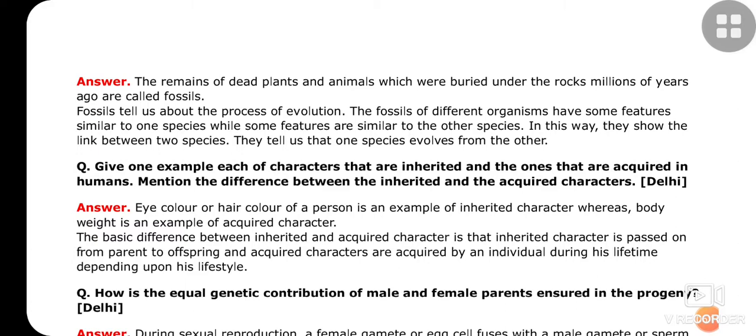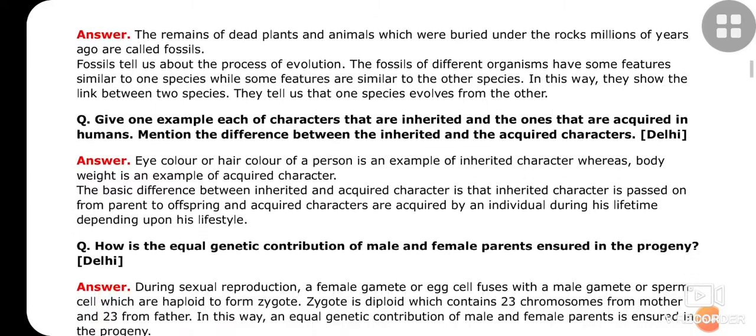Suppose you are reading a lot about bird watching. If somebody is reading a lot about bird watching or inculcating knowledge about something, that knowledge is not going to be transferred to their offspring. So that is the acquired character and not the inherited character.